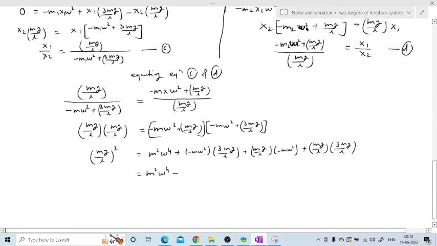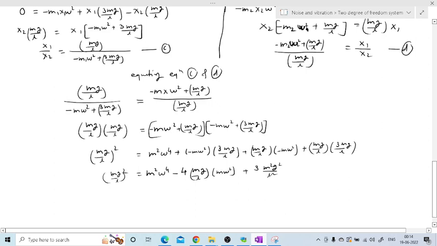So minus 3 and minus 1 will become minus 4 mg by l into m omega square. So the next term will be, the multiplication of this will be 3 m square g square divided by l square, and here we have mg by l bracket square.